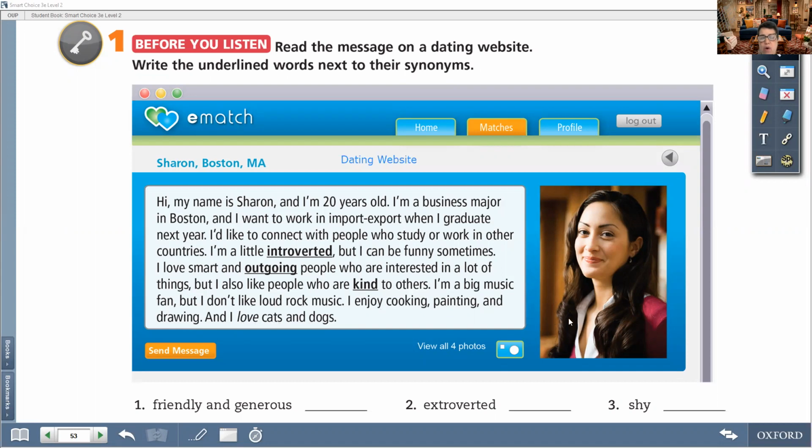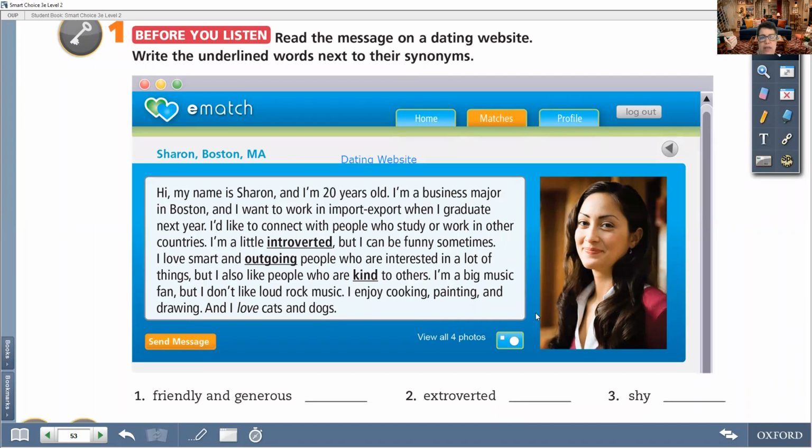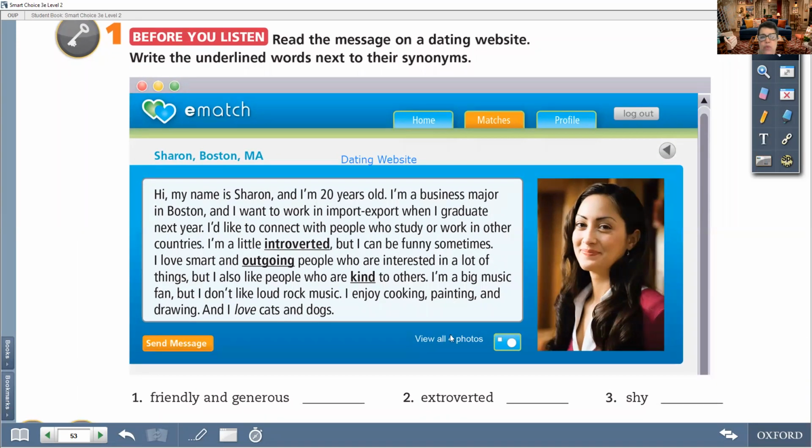Okay? All right. So here on this site, she posted 4 pictures of herself. And eventually, of course, someone will reply, will answer her message or make a comment or be interested in getting to know her better, right?